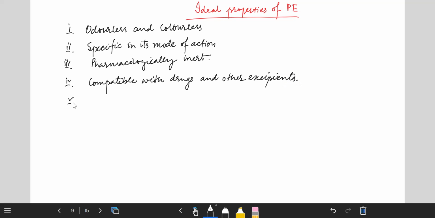And it should be chemically and physically stable.